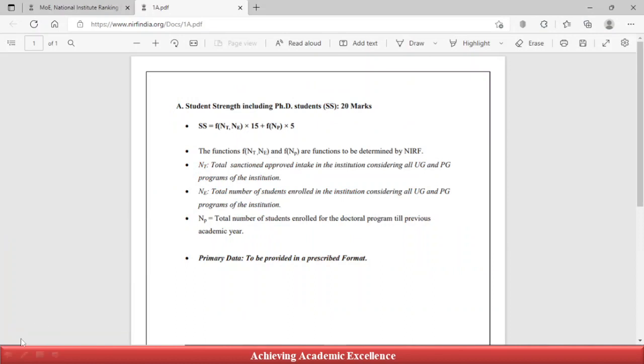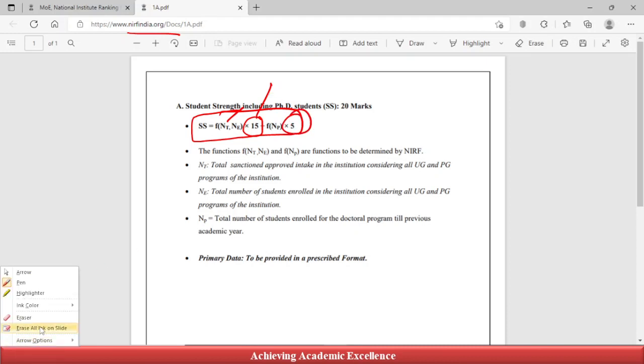This is a particular web page collected from nirfindia.org. This is SS, as we are discussing. It is a function of NT comma NE, 15 marks for enrollment ratio of UG and PG, 5 marks for enrollment ratio of PhD students.